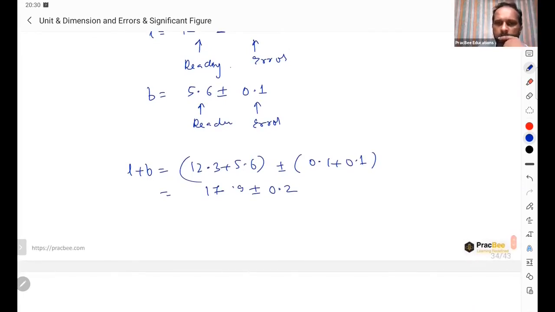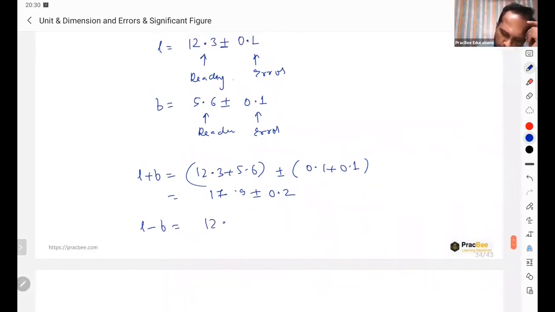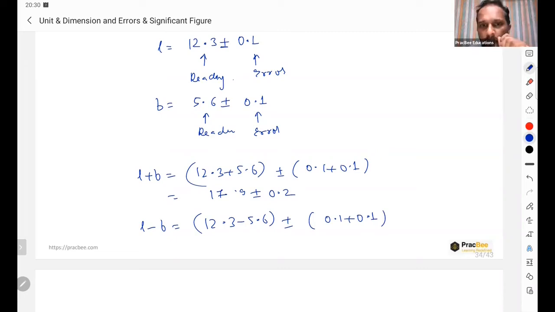Okay, Fardeen. Suppose you want to subtract it, L minus B. So this is 12.3 minus 5.6, plus minus 0.1 plus 0.1. Error will not get subtracted. Even if it's subtraction, the error term will get added up, because it doesn't mean that when you subtract, the error will reduce.